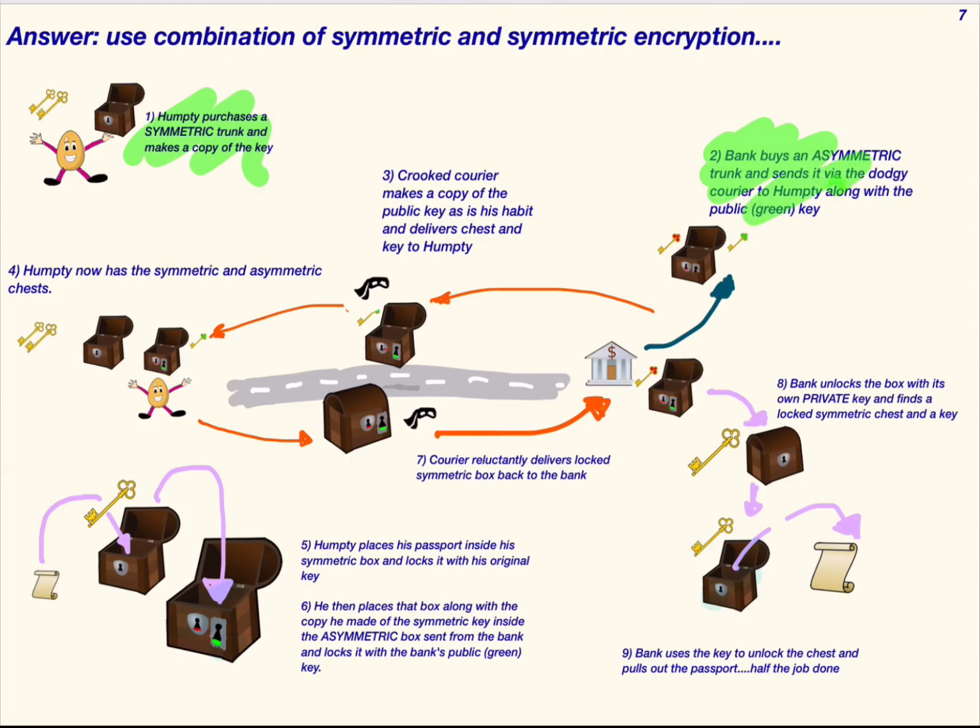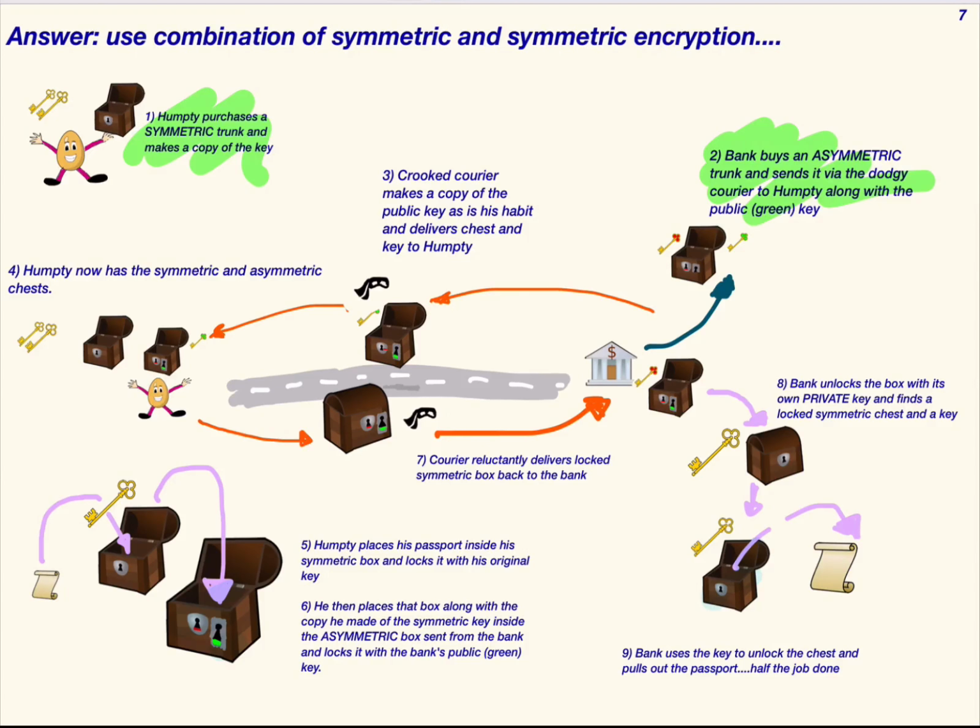Step number two, the bank is going to buy an asymmetric trunk, the one with the public and private key, and they're going to send it via the courier along with the public key. Again, we've seen that happen before when housebound Humpty wanted to send his passport to the bank but was not able to get it back.